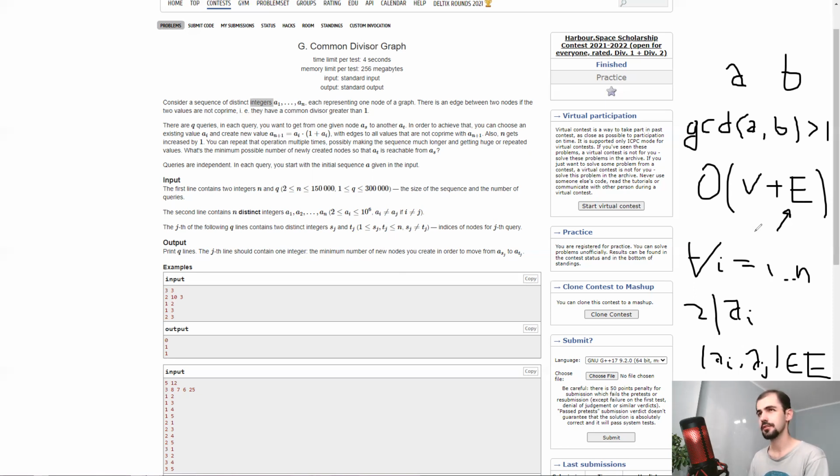You don't care in a way that you don't need to add any new vertices whatsoever to connect two vertices that are already connected. So that obviously leads us to think about connected components. Connected components on their own are kind of simple, right? There's not much to them.